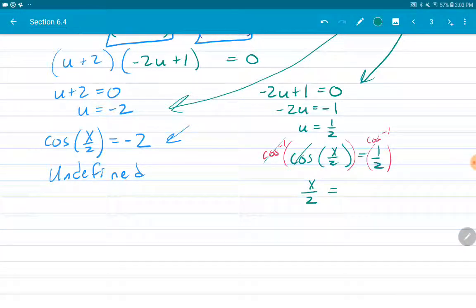On the right, when is cosine equal to 1/2? Looking at my unit circle, that can happen at pi over 3 and at 5 pi over 3.